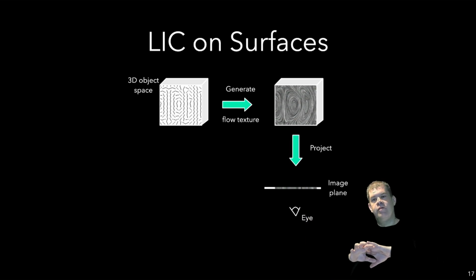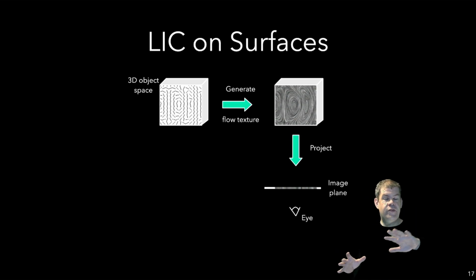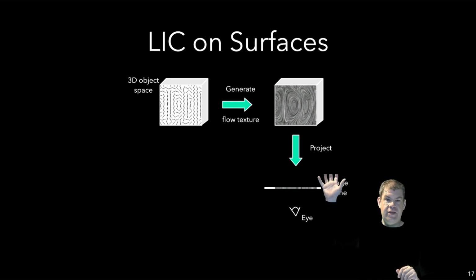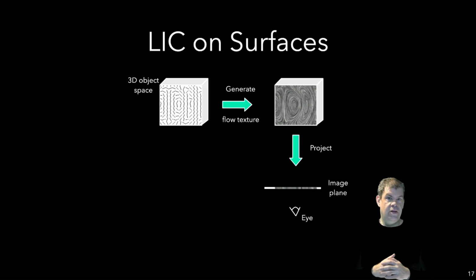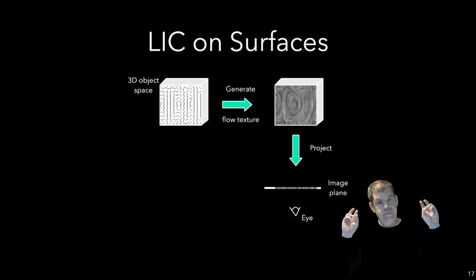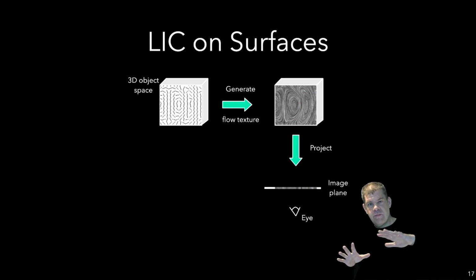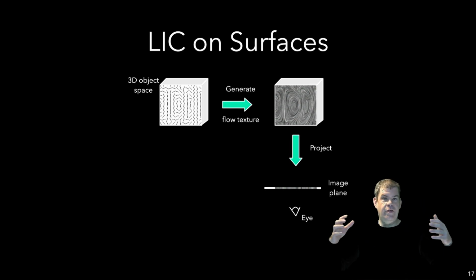We call this 2.5D data generally because it's on a surface, but that surface is embedded in 3D. So we take that 2.5D or 3D, whatever, flow field, and if we simply use 3-dimensional noise, we can just compute noise in a 3D array, and then ultimately get a 3-dimensional LIC volume, but this one is only given at a certain surface point, and then we just simply render that. So we can assume that the LIC is just the texture on the object.